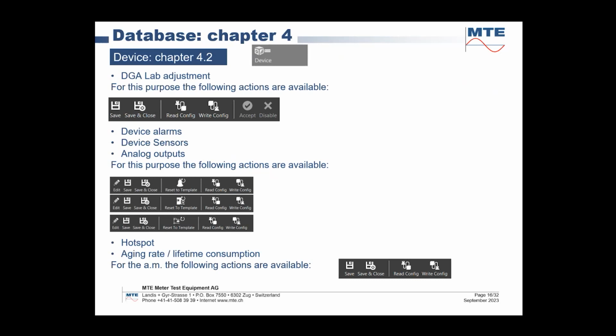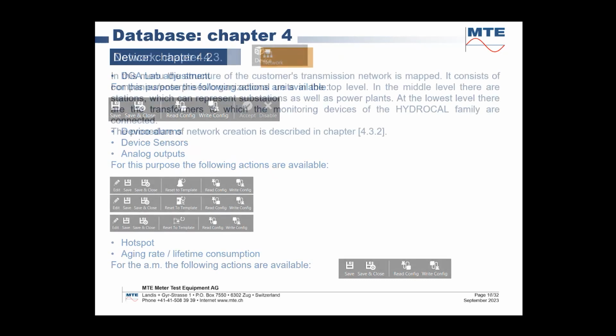Such functions are available for different devices, but some functions are not available according to the type of device. For example, hotspot and aging rate is not available so far with 1004 Genix, 6 Genix, or 11 Genix.